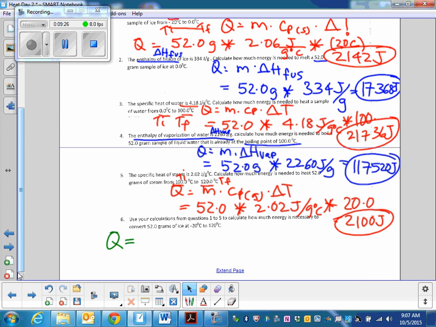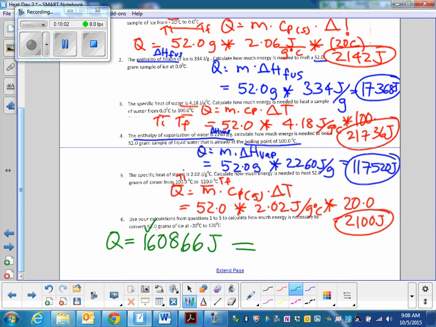And if I add up everything on my calculator, I get 2142 plus 17368 plus 21736 plus 117520 plus 2100, and I get my answer as 1068866 joules.